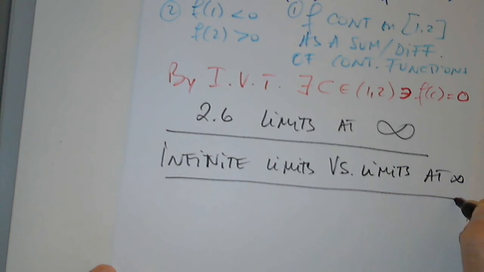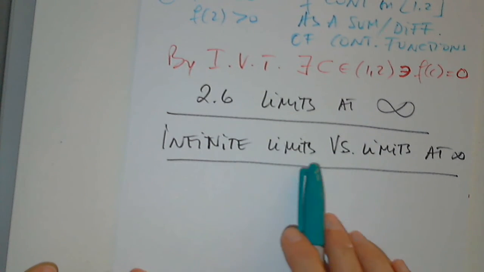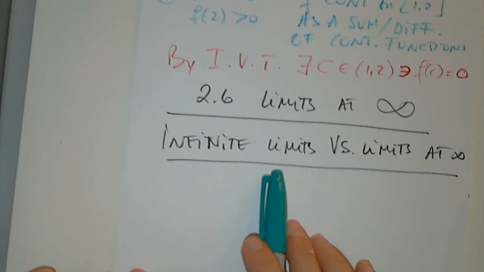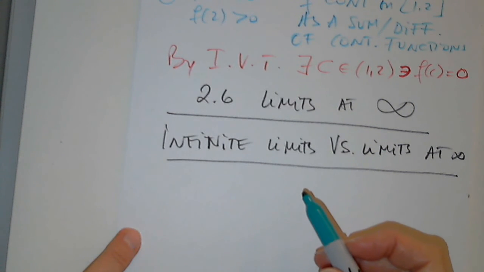So what's the difference here? What do you think is the difference between infinite limits and limits at infinity? Infinite limits you don't know, limits at infinity are undefined. No, I think it's more so like one is like a vertical asymptote and one's like a horizontal asymptote.